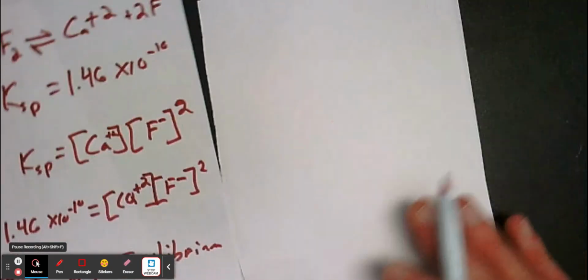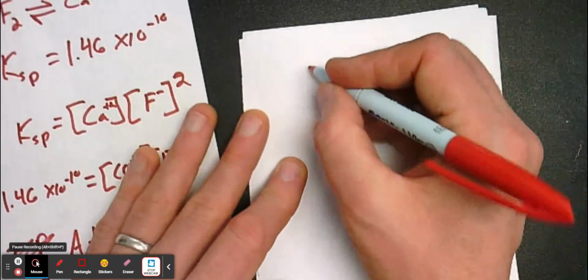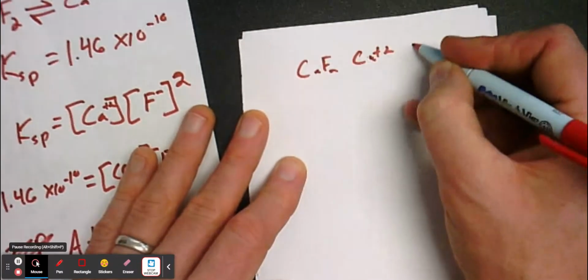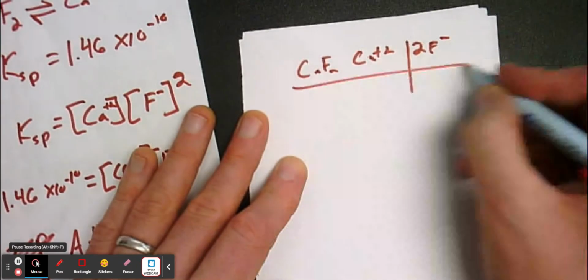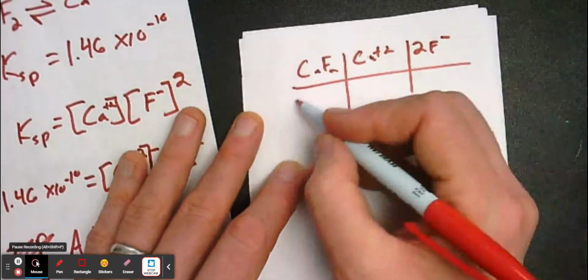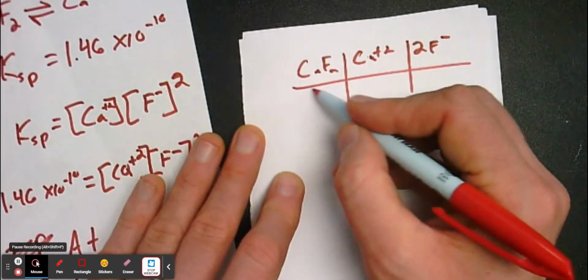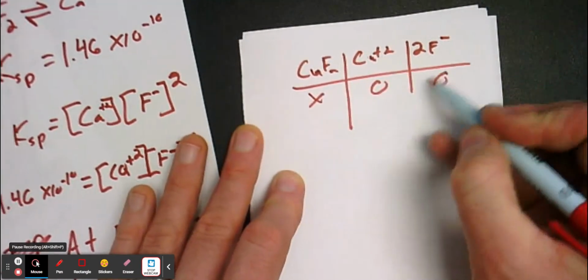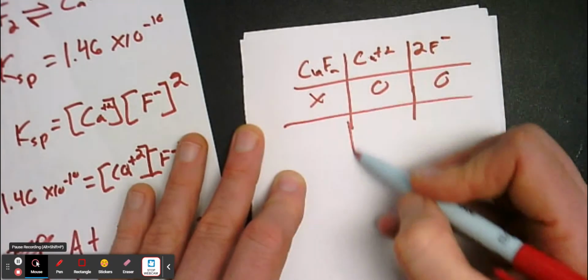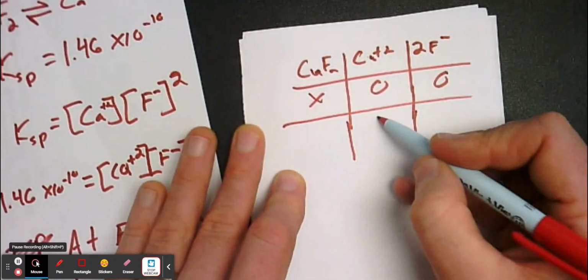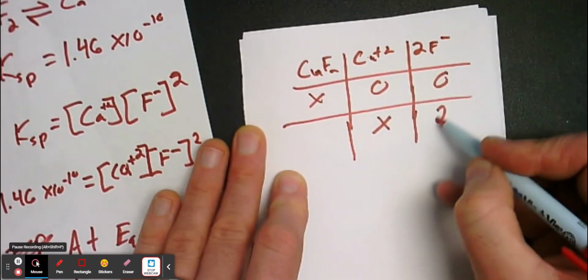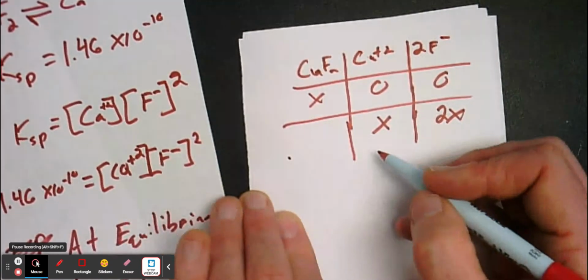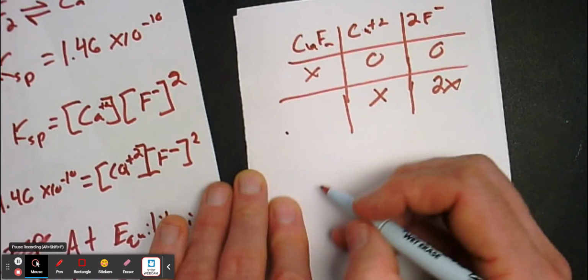I'm going to need my ice table. CaF2, Ca2+, 2F-. The concentration of the solid doesn't really matter. I'm going to start with 0 of these, right? Some amount x is going to dissolve. This would be 2x, all right? And that is all going to go back into my equilibrium expression.